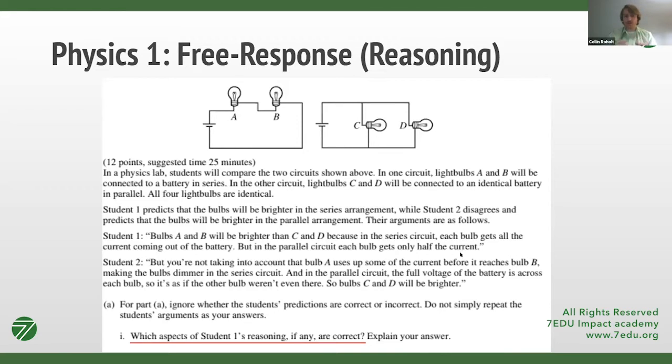So you'd have to be able to say, okay, they are correct in saying that in the parallel circuit, each of the bulbs only gets half the current, but they're incorrect that bulbs A and B would be brighter. And you'd have to be able to pick those out and explain that in the responses below.